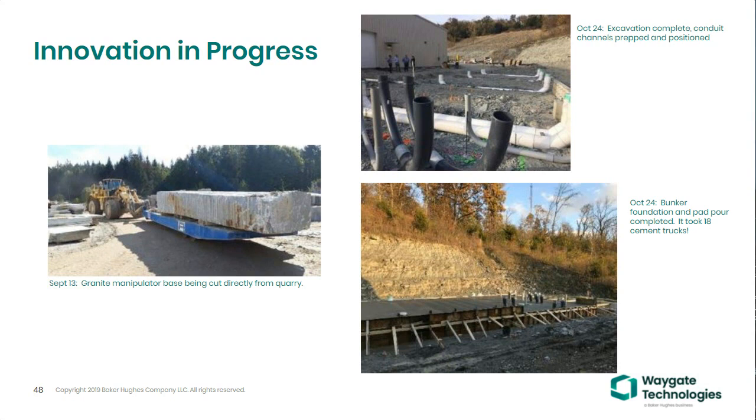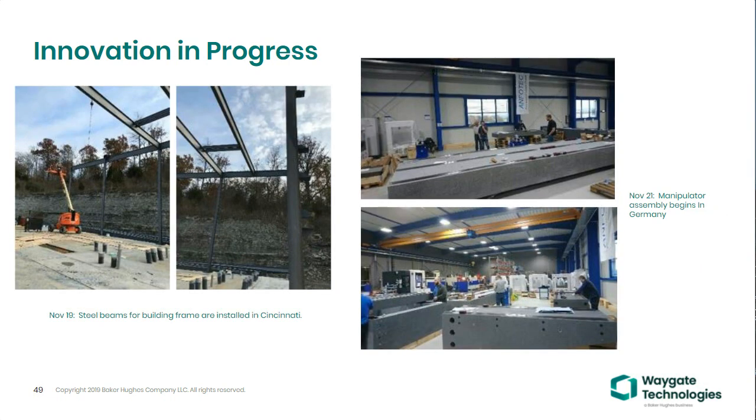A significant foundation had to be laid to be able to support the weight of this machine, and then we built the whole building. Meanwhile, on the other side of the world, the manipulator was starting to get built up and the granite put together.